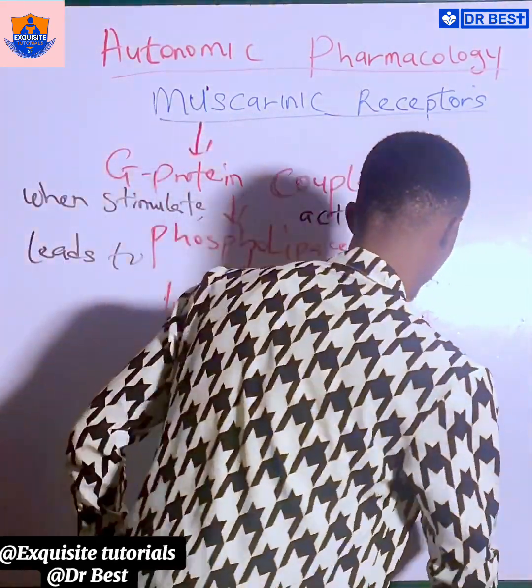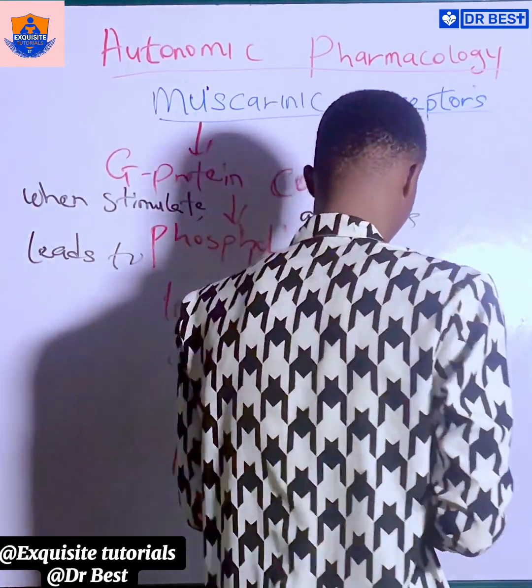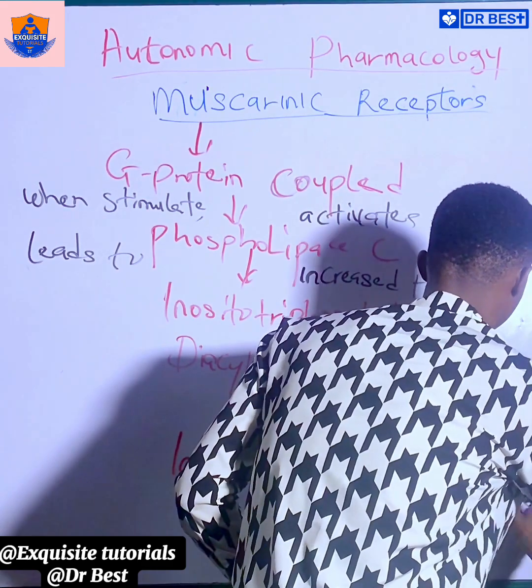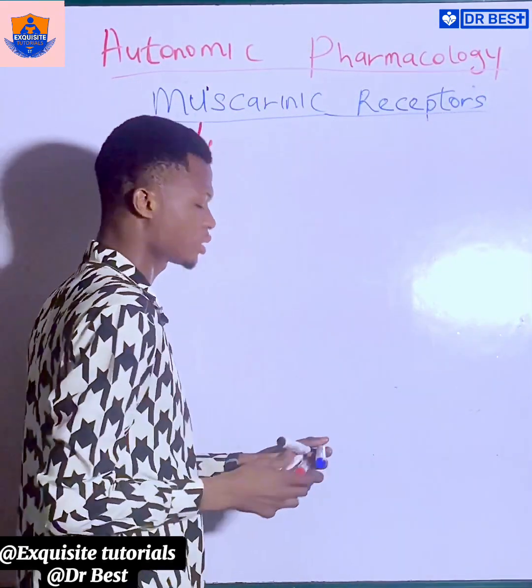Now, what we have explained here is for three types of muscarinic receptors: M1, M3, and M5.